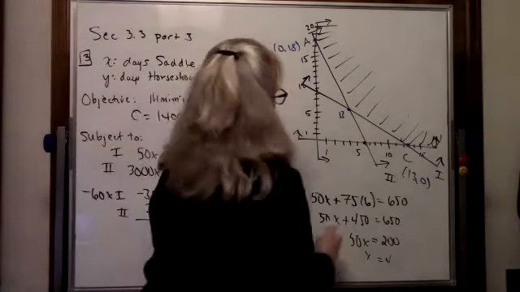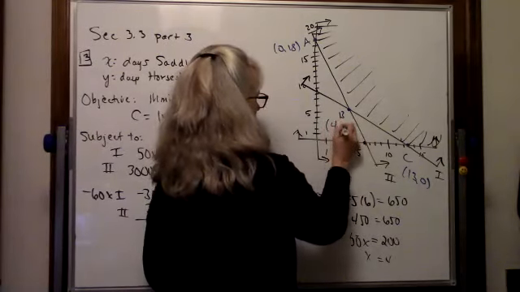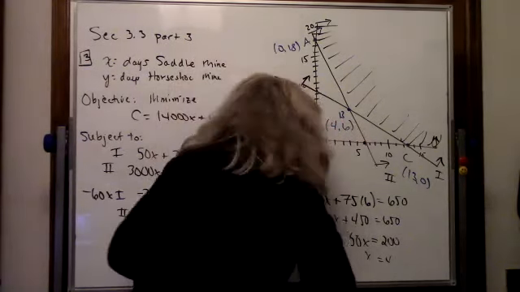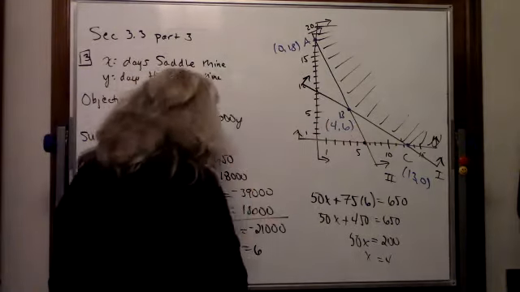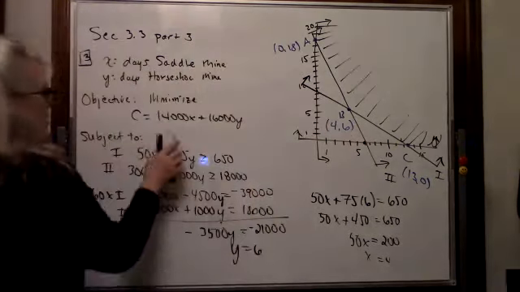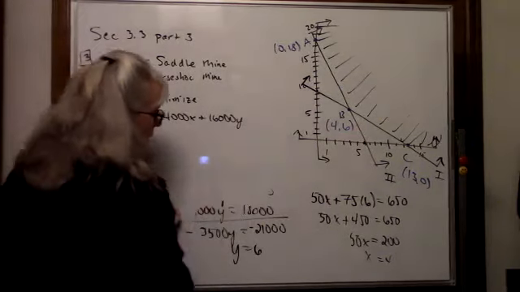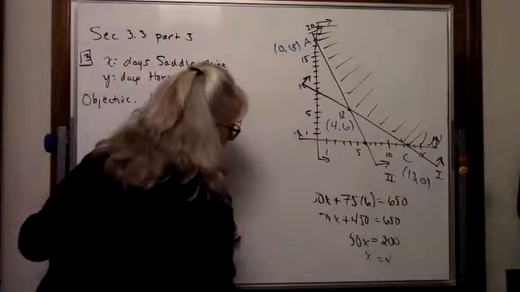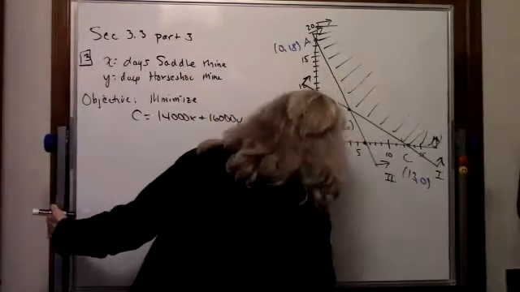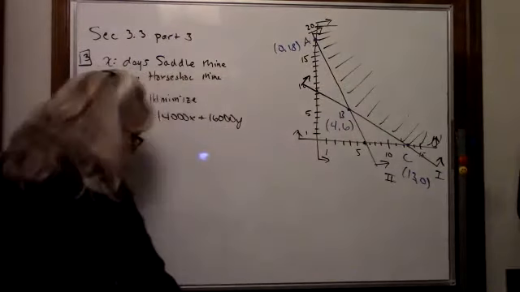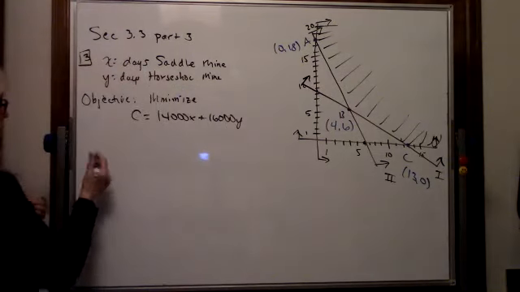Now that we have the corners of our unbounded region, let's plug them into that minimum cost function in order to pick out the smallest cost. And it'll tell me how many days to operate each of my mines. I'll build that table. It just helps me stay organized. So here's our corners.